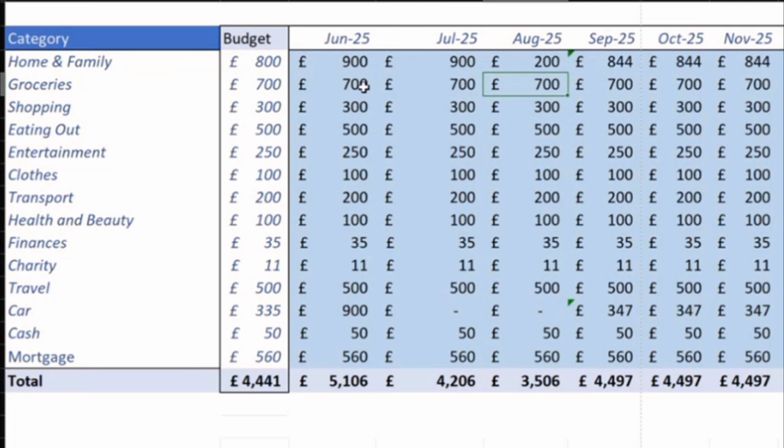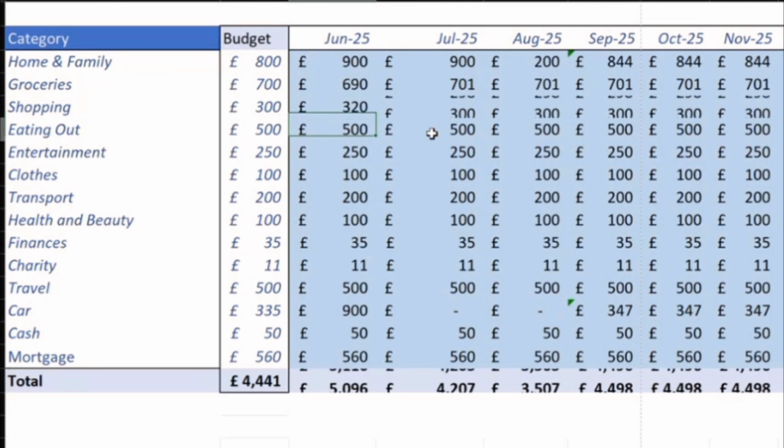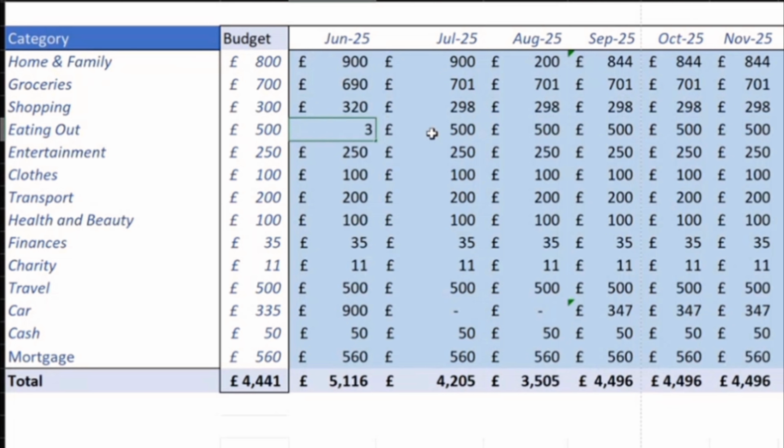And the way she'll actually use this is every month she'll come in and put her actuals in here. So let's imagine she spent 690 there. Shopping, she spent 320. Eating out was a good month, she only spent 320. Entertainment, she spent £300 at the theatre.